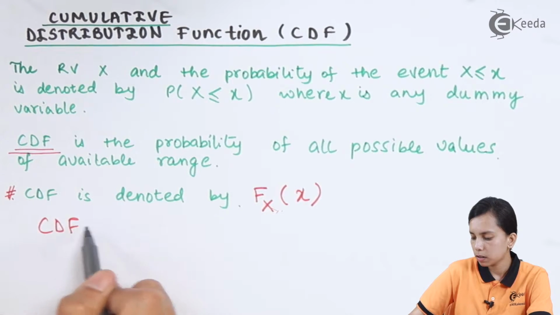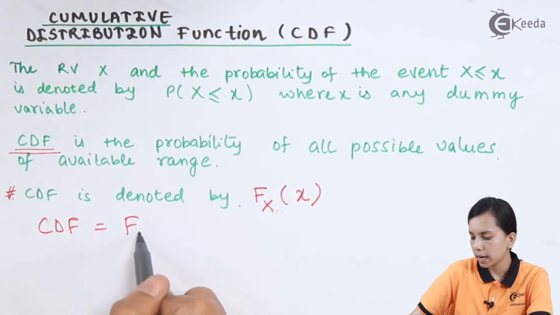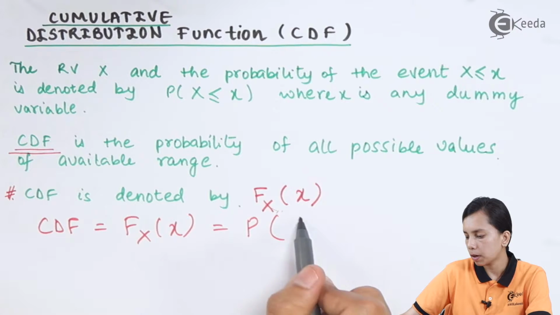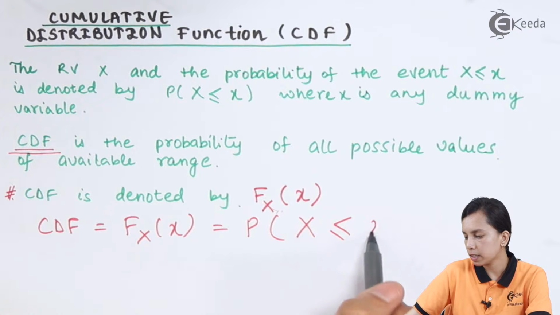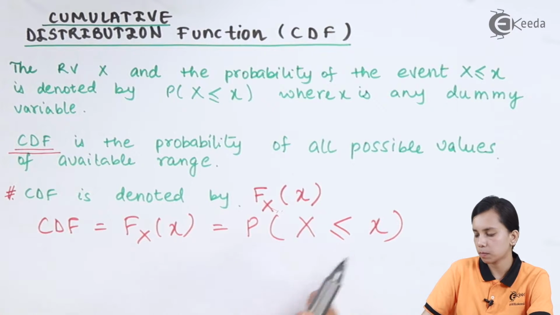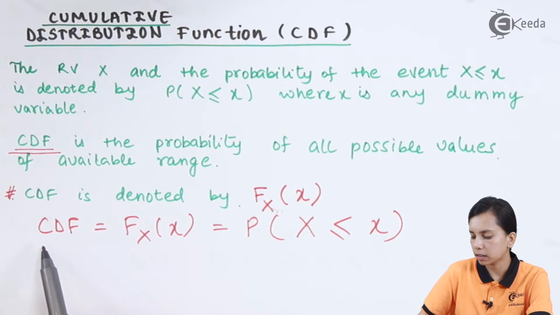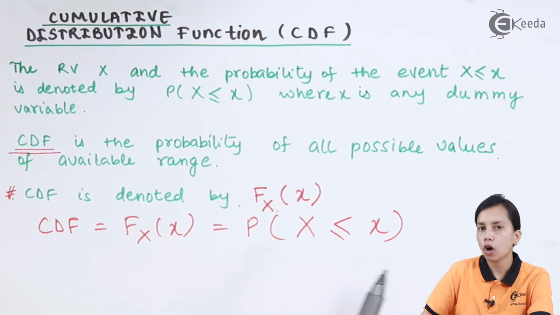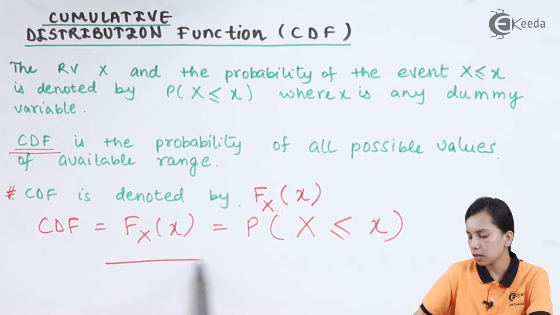CDF is equal to F subscript X of x, which is nothing but the probability of the random variable which is less than or equal to x. This is how we can define the cumulative distribution function. It is the function of a random variable whose probability is less than some dummy variable on the real number line.